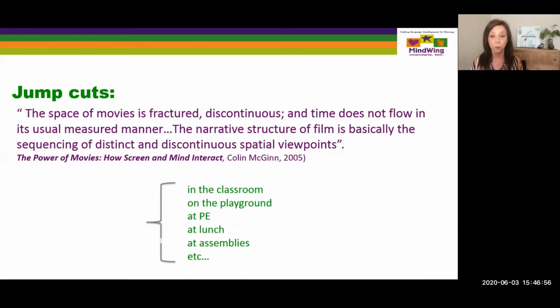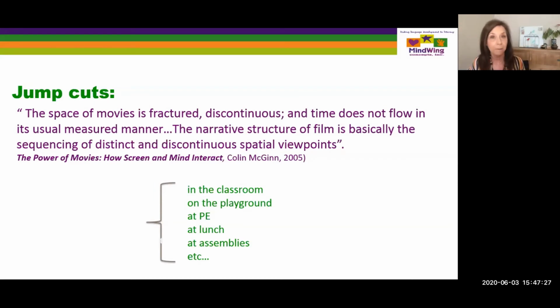They're starting to work in a group and they go to get a pencil and they come back and the group has completely organized and they're standing there thinking, what are we doing here? What's happening? In PE, the students are milling around, our student goes to get a drink of water and comes back and class has started, and our student may continue to mill around, not having figured out that the jump cut means it's not milling around time anymore, it's now class time. And so they're still over here milling around.